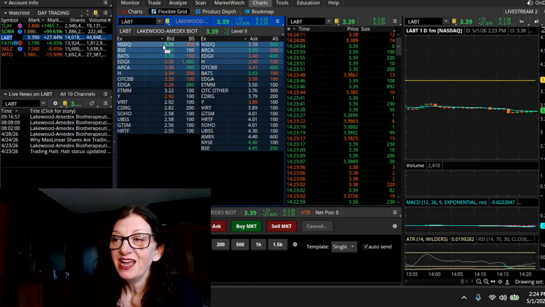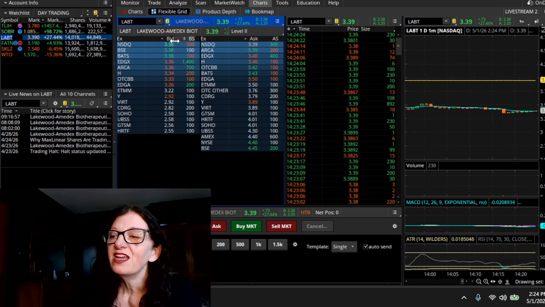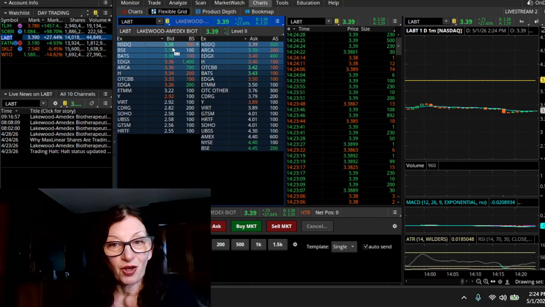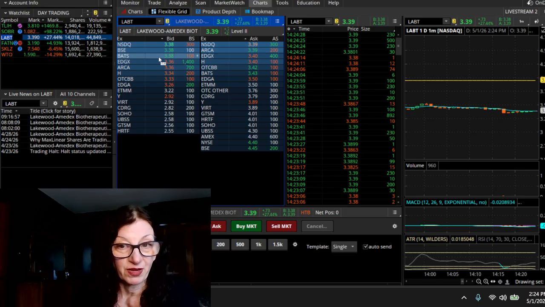This is the bid side. These are all the people that want to buy LABT, in order of the price they're willing to pay. So this person at the top who went through NASDAQ, these are the ECNs, they're willing to buy 300 shares at $3.38. And now you have a couple of people that are willing to pay $3.38.